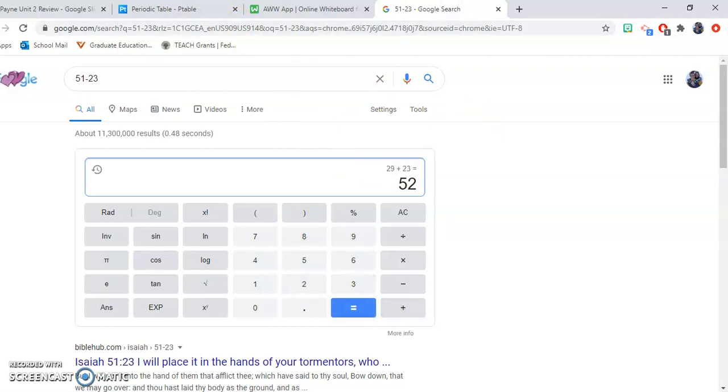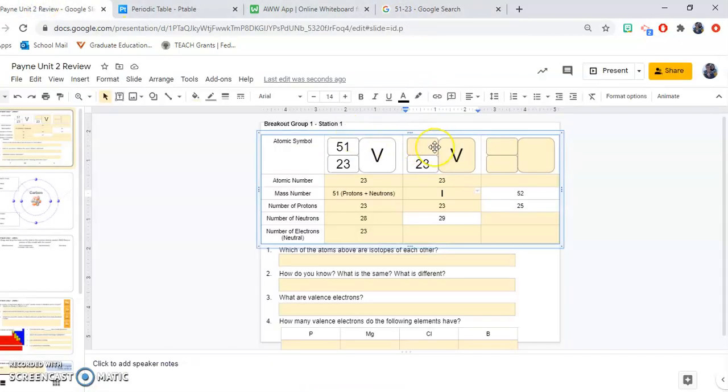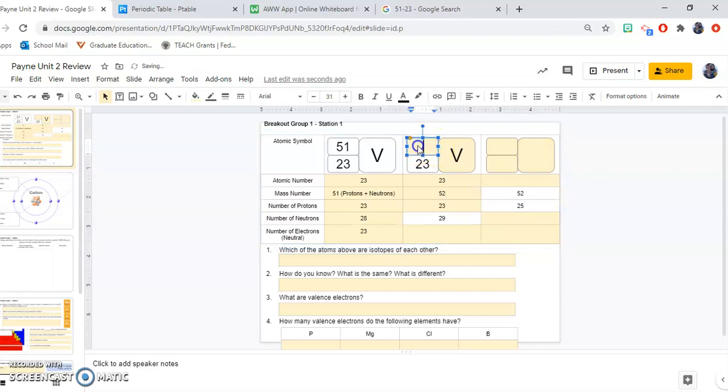What are we going to get? We get 52, right? 52 is our mass number. And we can fill that out up here as well, right? 52. And then again, of course, we know that the number of electrons has to equal the number of protons if we're looking for a neutral atom. So we're going to have good old 23 again.